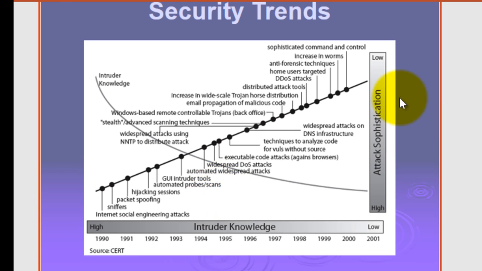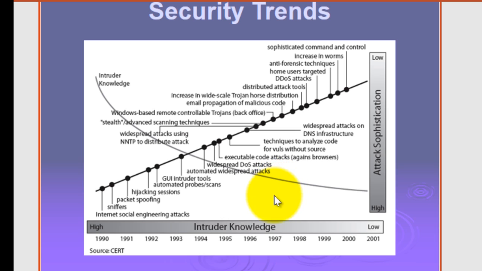Like this, we have seen a various number of attacks from 1992 till date. But the technology is still lacking when compared to the attacker's knowledge. That's what about security trends.